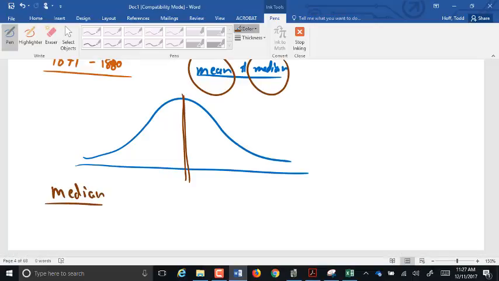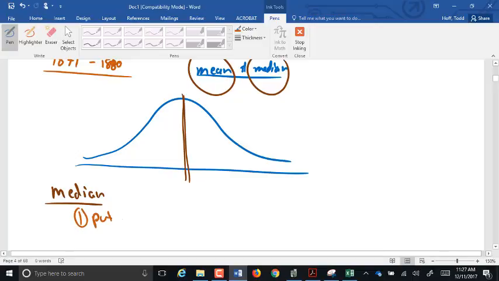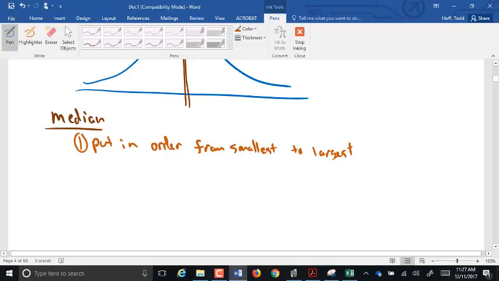To find the median, we have to first put the numbers in order, from smallest to largest. Second is to find the location of the median, which is just going to be in the middle of the list.